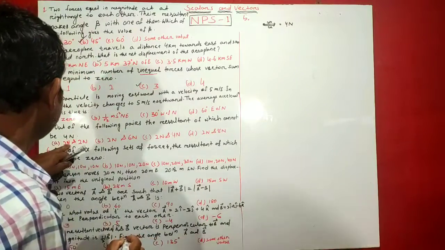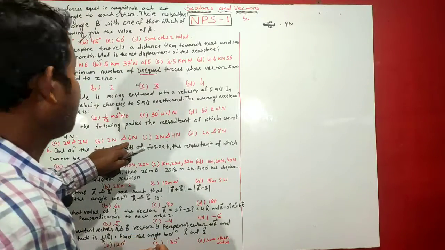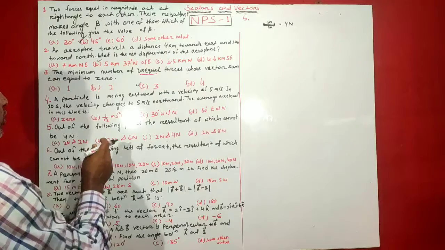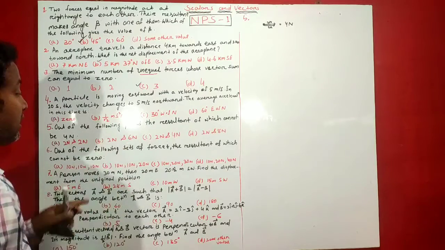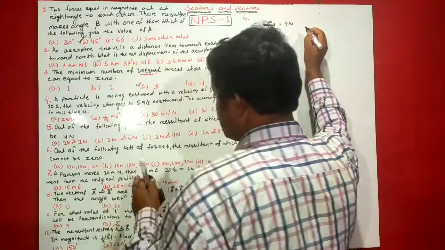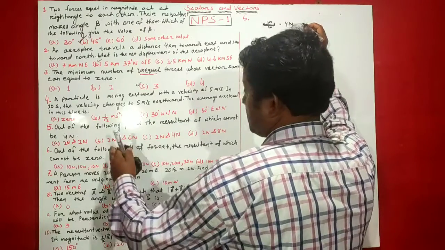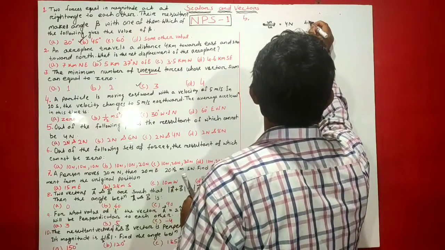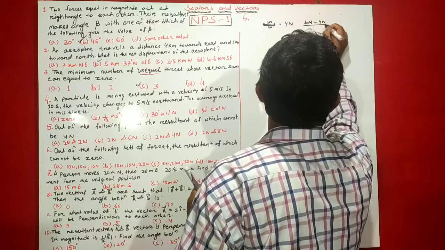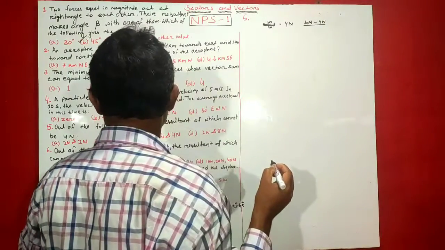Then next, 2 Newton and 6 Newton. We have to find their difference, 6 Newton and 2 Newton. Their difference will be the minimum resultant.